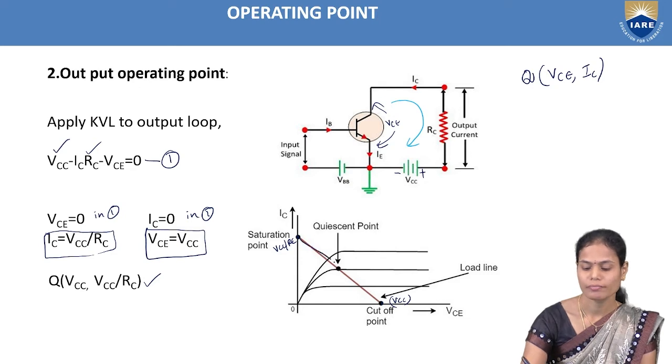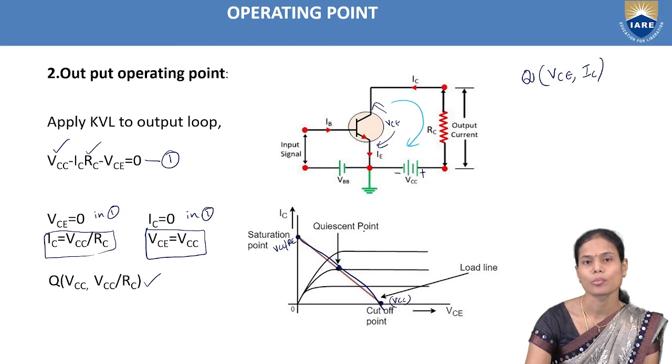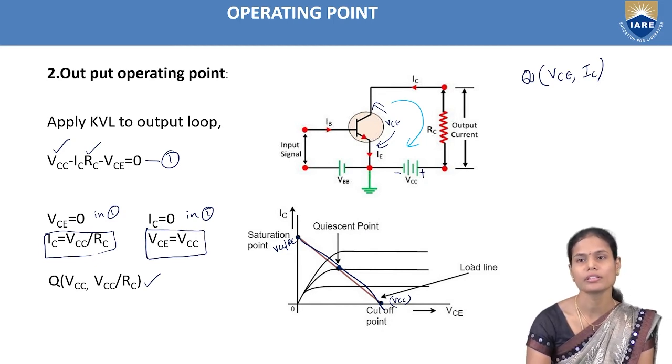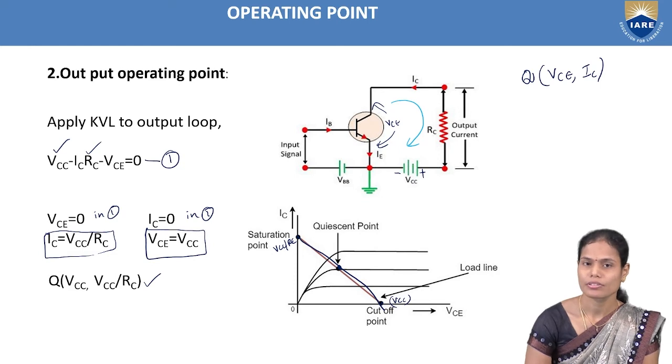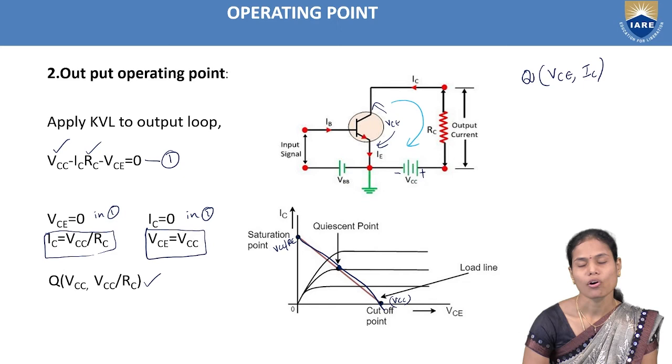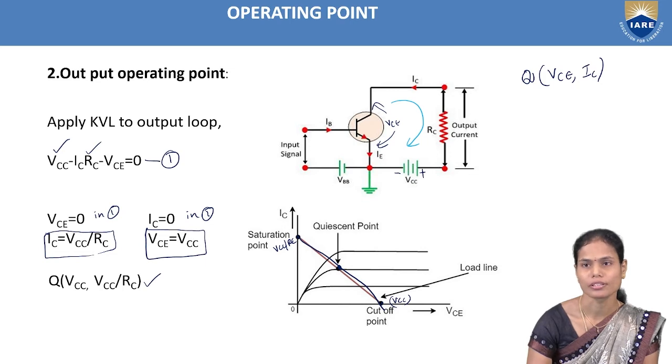If we join these two points, this line we call the load line. After drawing the load line, where that load line crosses the characteristics of the amplifier indicates the operating point or quiescent point, and the operating point should always lie in the active region of the transistor. Then only we will get proper or faithful amplification of the given signal.